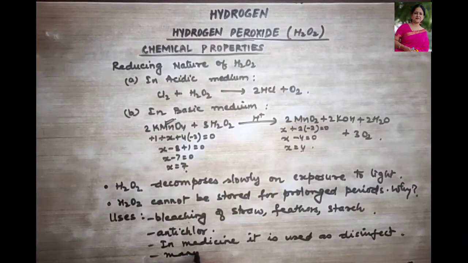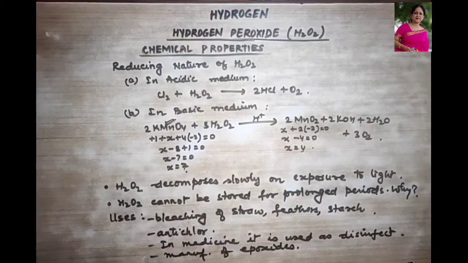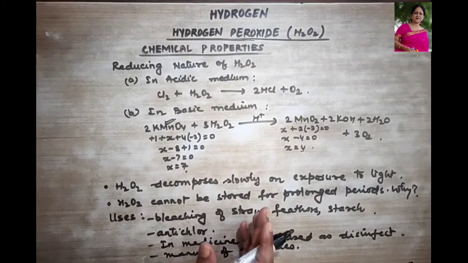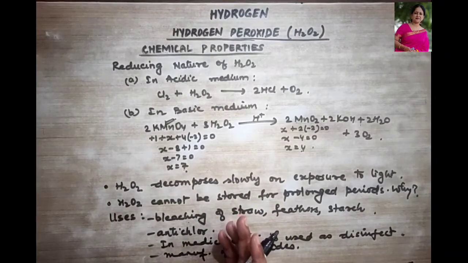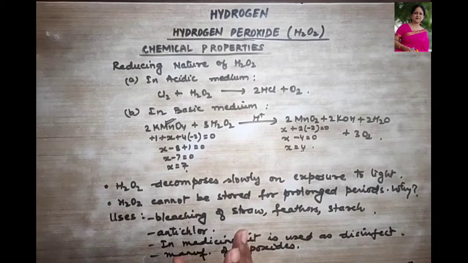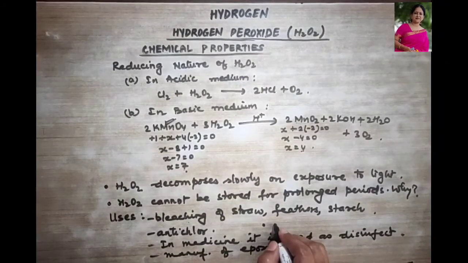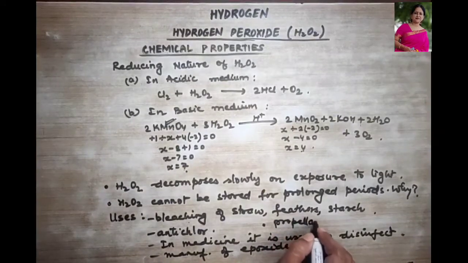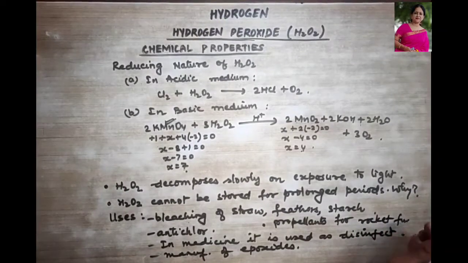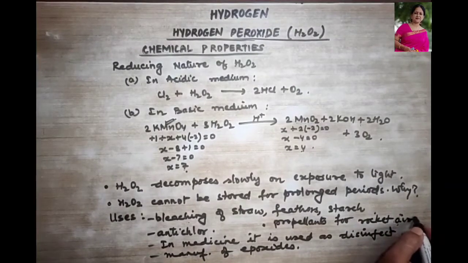Then this hydrogen peroxide mixture with hydrazine hydrate or methanol or hydrocarbons, they found application as propellants for rocket aircrafts.